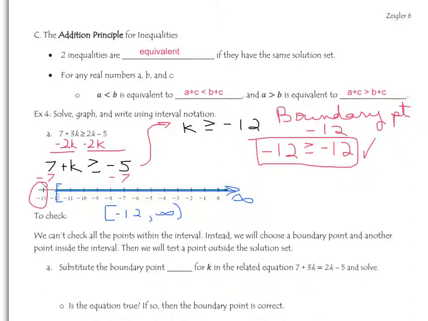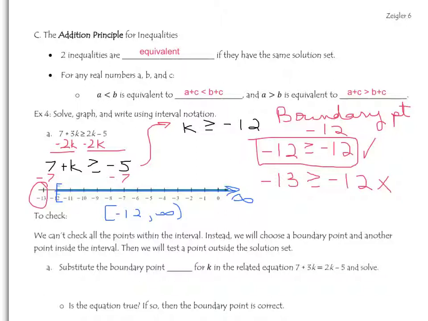Let's choose -13, and if we plug in -13 for k, we have -13 is greater than or equal to -12. But we know that's not true because on the number line, -13 is to the left of -12, so that's false. Well, since we chose -13 outside of our solution set, we would expect it to be false. So that's a good answer.